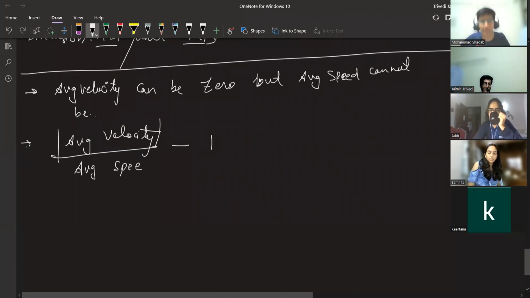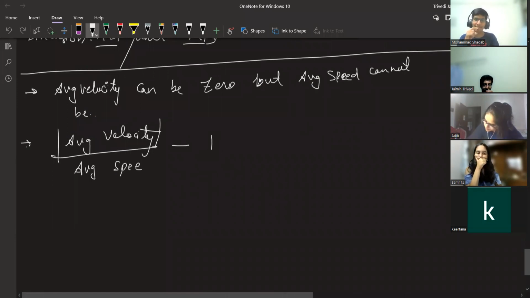And what is the other possibility? It will be more than 1 or less than 1? Less than 1. Are you sure of it? Amita, what do you think?